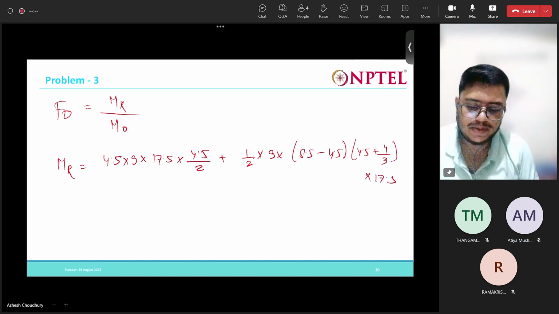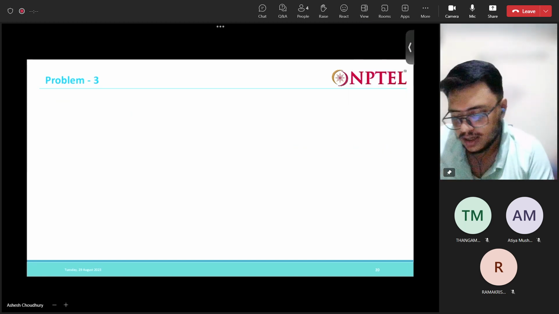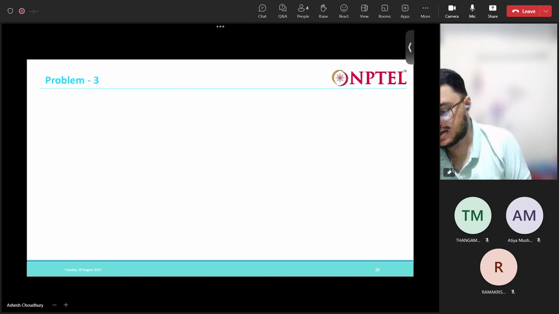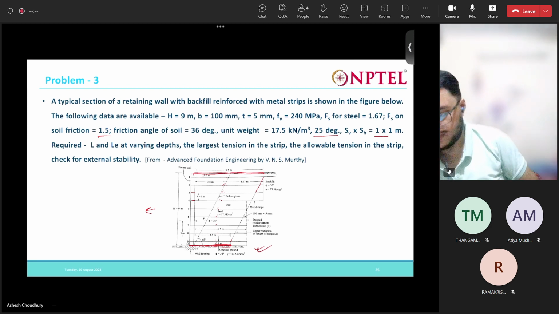See, in the previous problem we divided it into certain blocks. Here also they are almost doing the same thing, but the distribution they have used is different. First they took this 4.5 meter block, and then instead of taking these two rectangles, they took this triangle.